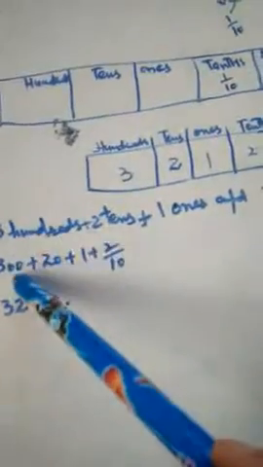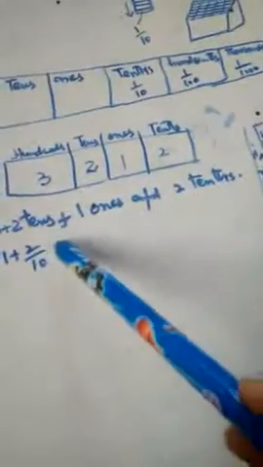We can also write it like this: 300 plus 2 tens is equal to 20, plus 1 is equal to 1, plus 2 tenths is equal to 2 by 10.